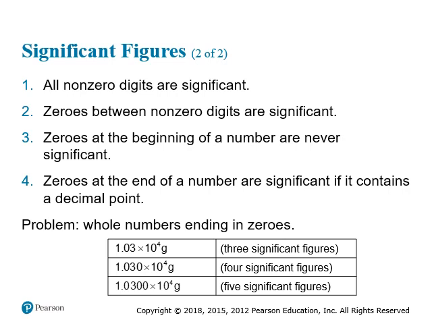The fourth rule, zeros at the end of a number are significant if it contains a decimal point. 500.0. That last zero is significant. 592.580.